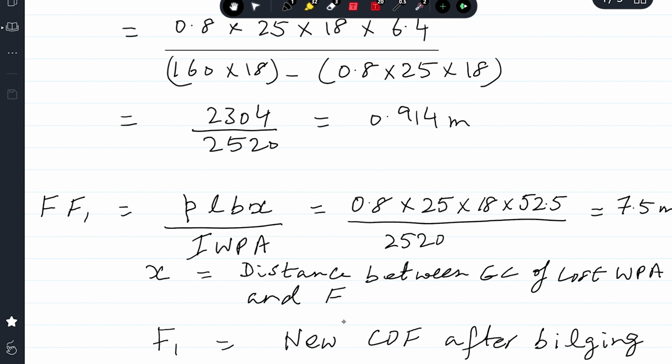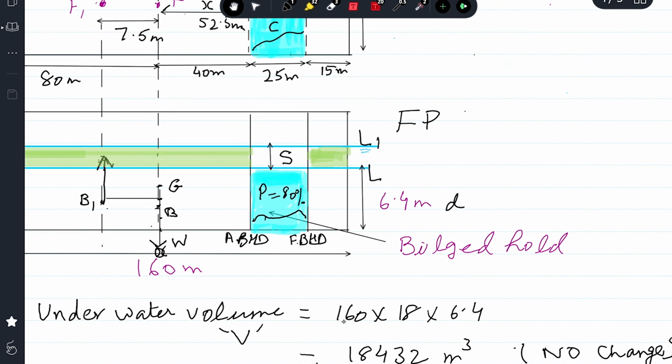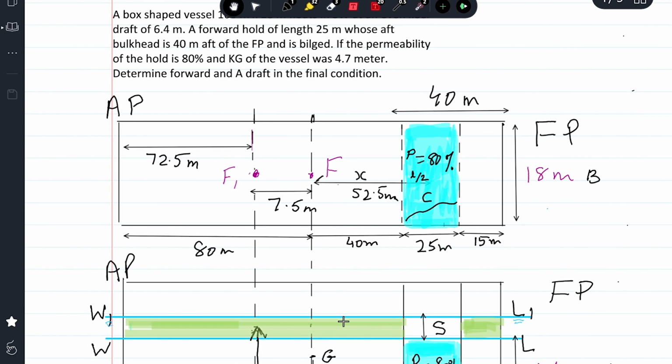And 52.5 meter is the distance between the center of gravity of that hole, or the centroid of the water plane area lost, and the center of flotation. You can study this diagram here. So this is the aft bulkhead. It is 40 meters aft of the forward perpendicular, and this is midship, where the original center of flotation is. So from center of flotation to forward perpendicular is half of the ship's length, which is 80 meters.